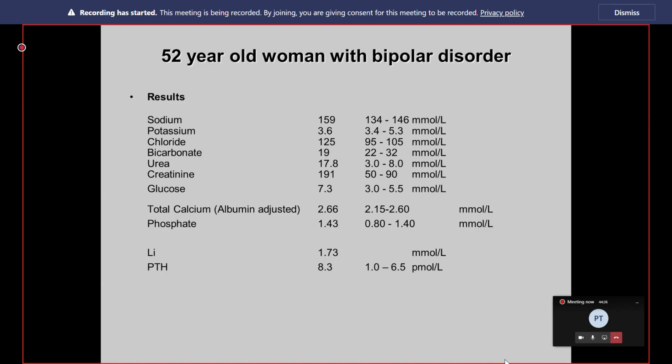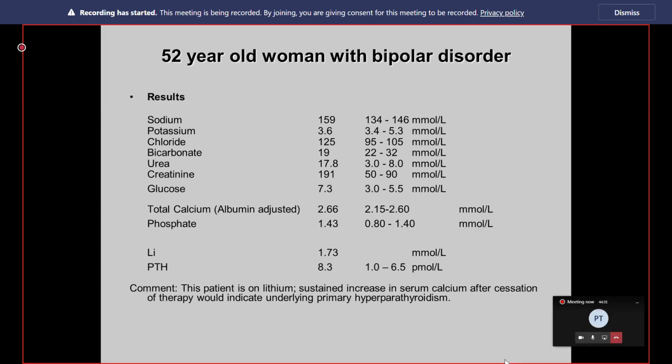So how would you deal with these results? We would say this patient is on lithium. Sustained increase in serum calcium after cessation of therapy would indicate underlying primary hyperparathyroidism. Long-term treatment with lithium can cause hyperparathyroidism or parathyroid overactivity, and often that continues even after lithium is ceased, if it can be ceased.